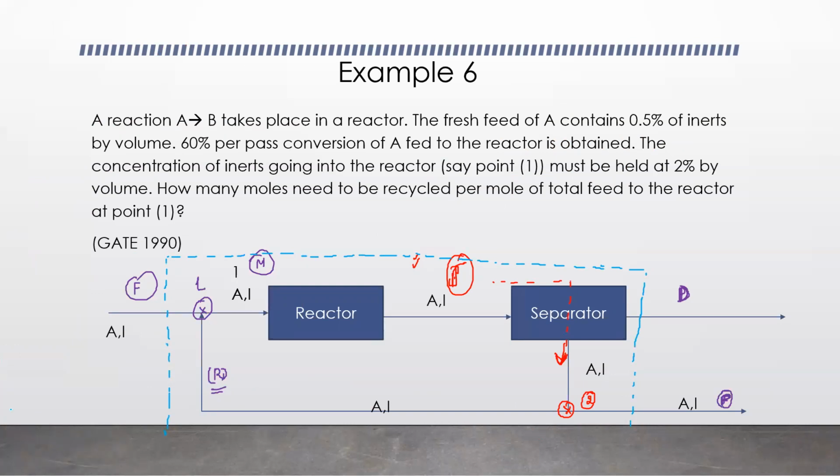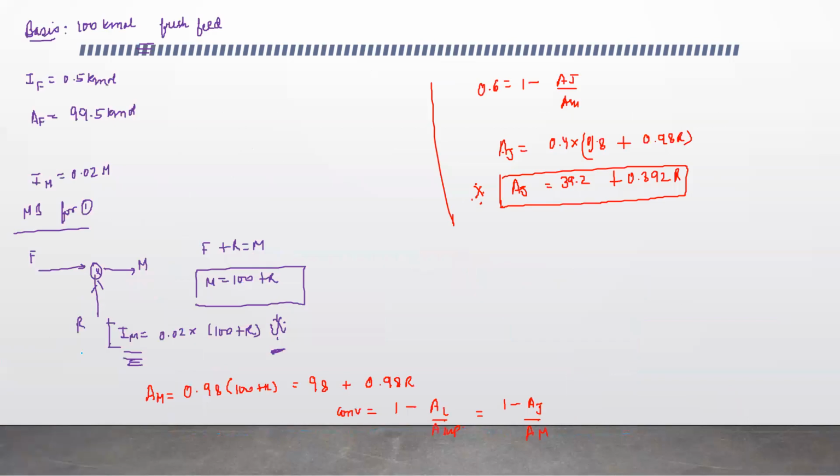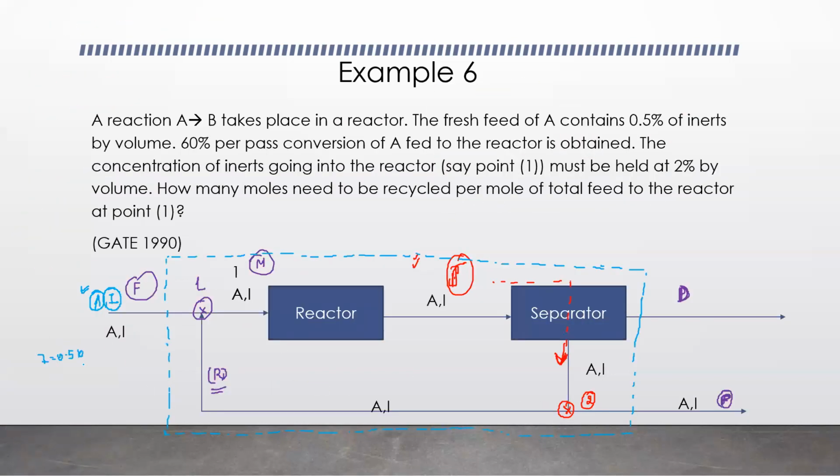When we take this entire control volume, what we have here is A, and we have I. Now A is involved in chemical reactions, so we are not going to consider A as such. We are going to majorly talk about I over here. So I here, if you remember, was 0.5 kilomoles.